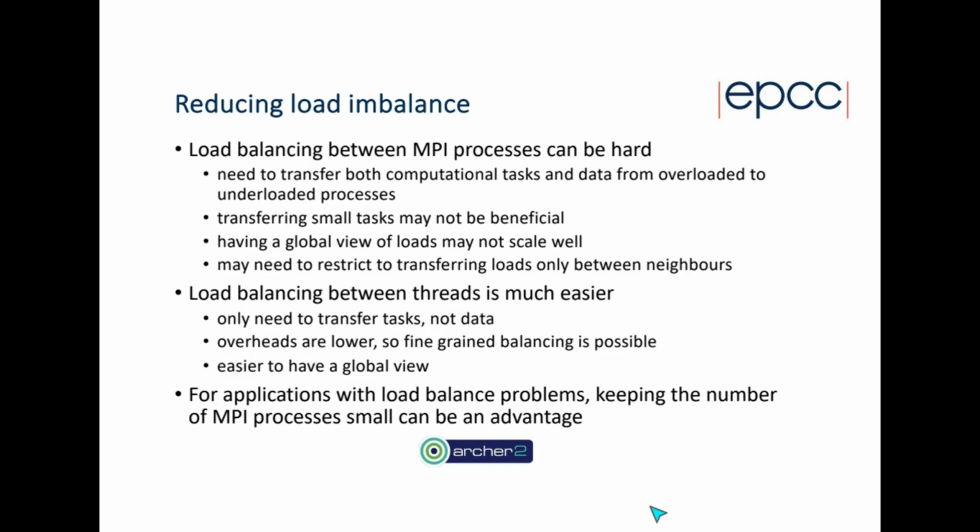Cutting down the number of MPI processes, say by an order of magnitude, might make the MPI load balancing a lot easier, a lot more scalable, and then we can take care of load balancing inside an MPI process by using the OpenMP type mechanisms for loop scheduling or tasks or something like that.